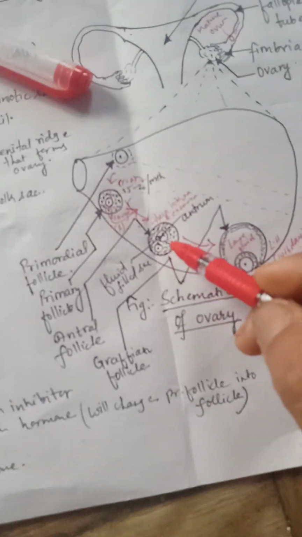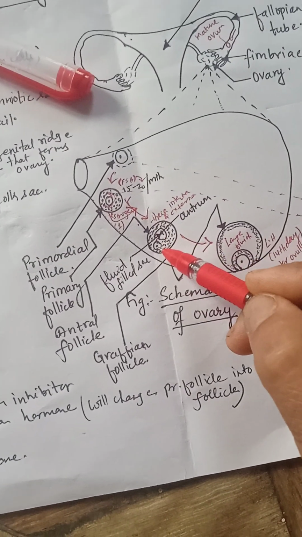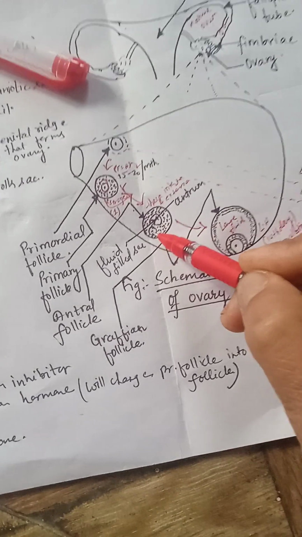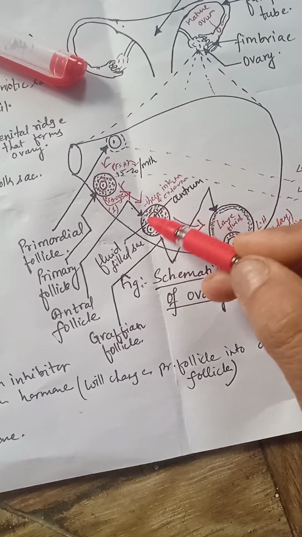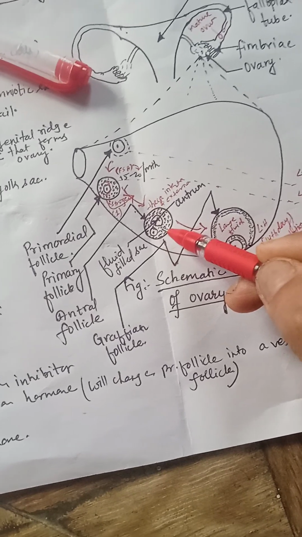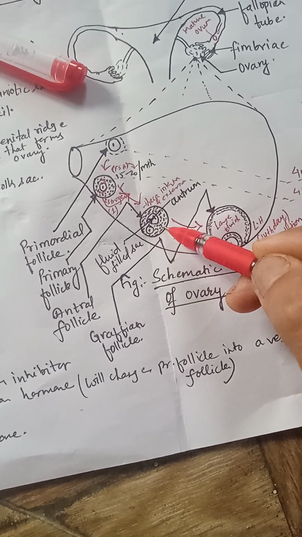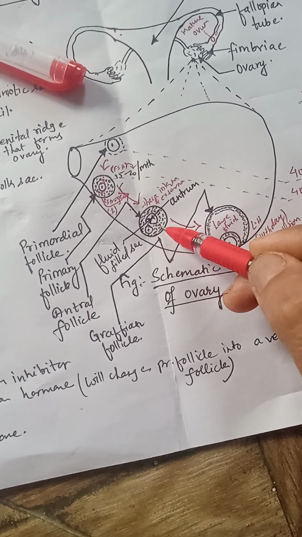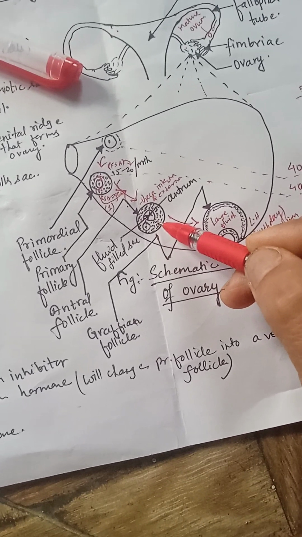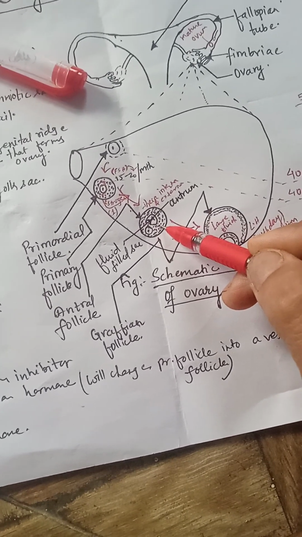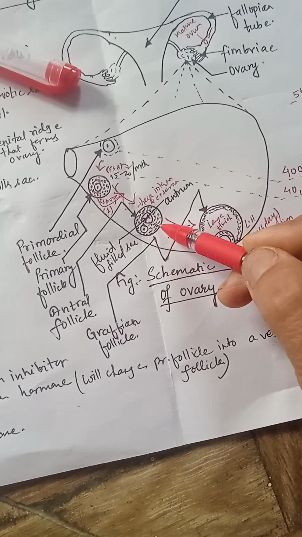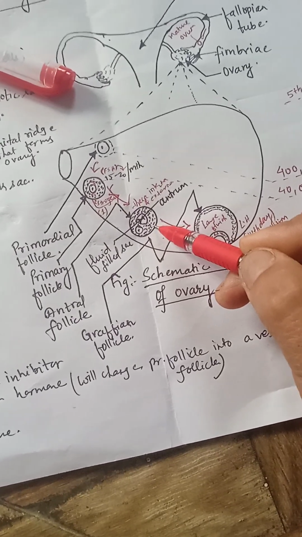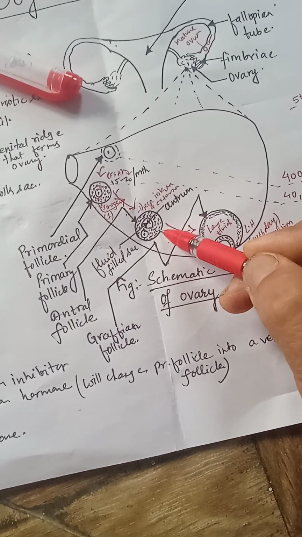Around this secondary oocyte, which is present inside the antral follicle, the connective tissues will be differentiated into the inner thick part called theca interna, and the outer called theca externa, the first thing.